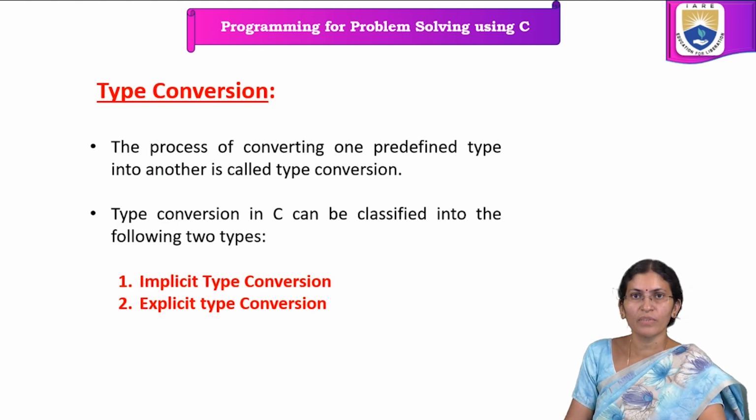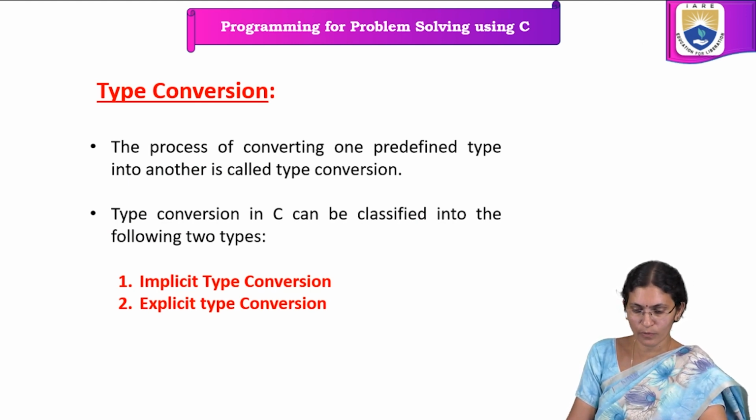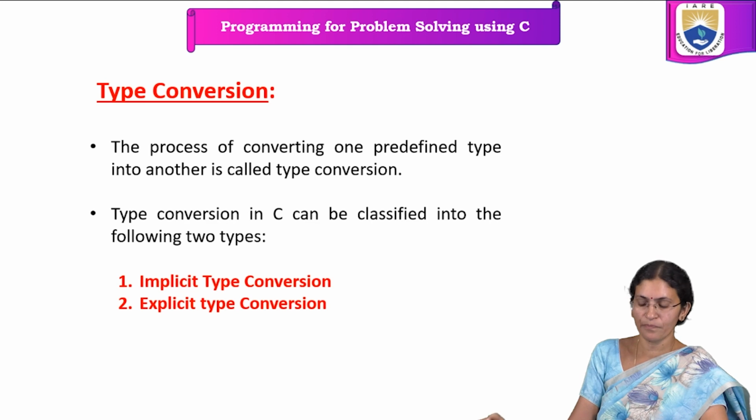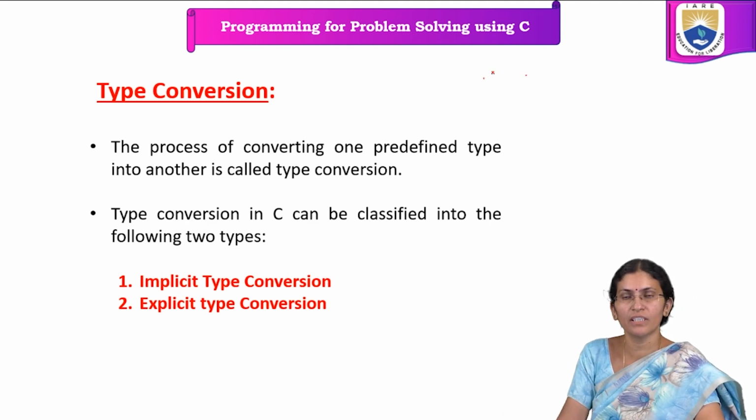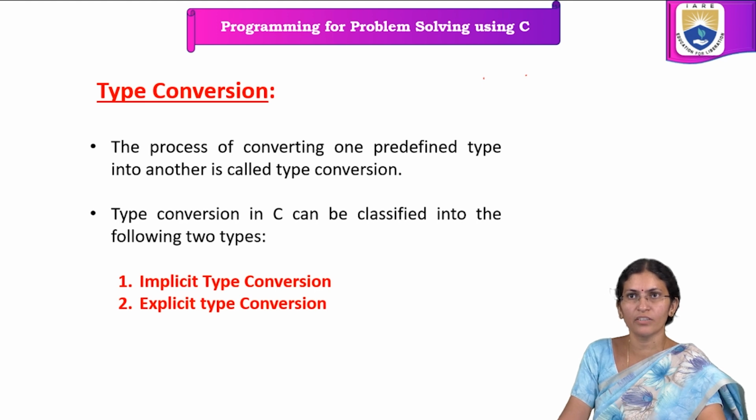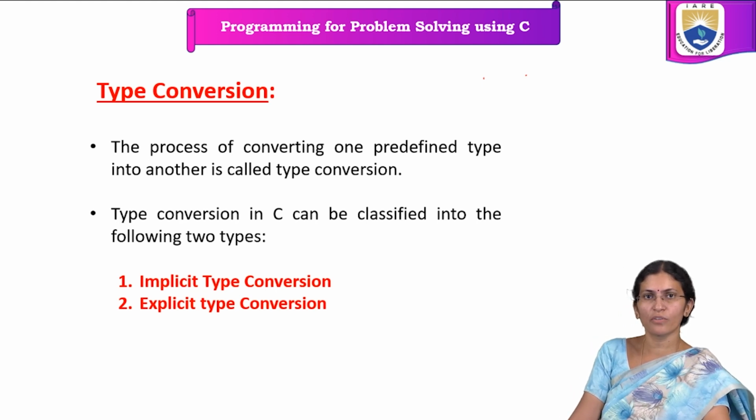Now let us summarize the output of all the programs. In the first program, we assigned a float value to an integer, but the output it displays is an integer value. In the second program, we took two variables of integer data type, and when performing addition, the output is also an integer.